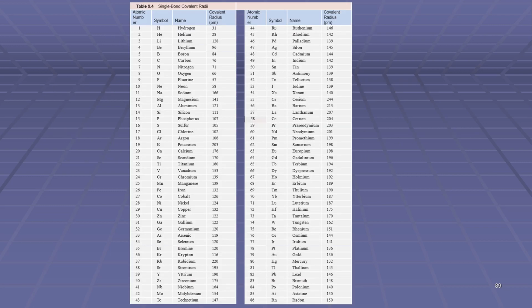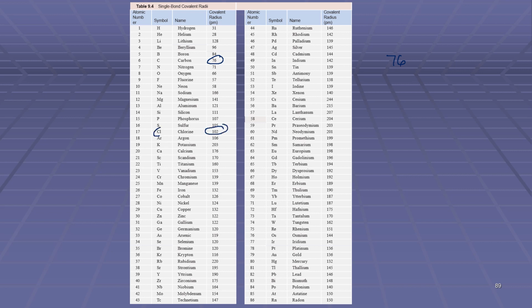Here they are, very tiny. I see table 9.4 has a lot of them, but if we want the carbon, carbon's here, 76 picometers, and then the chlorine, I guess they're in numerical order of atomic number. So chlorine is where? Chlorine is 17.